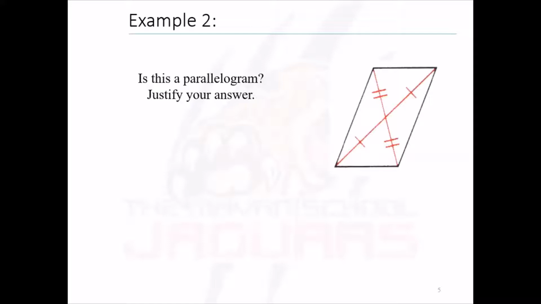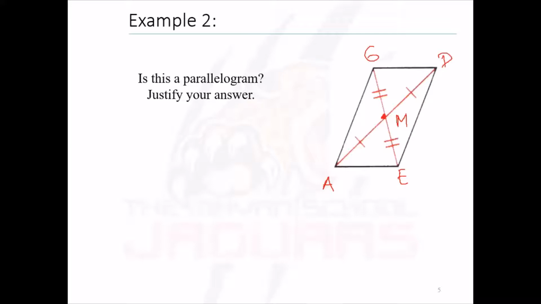Let me say that this is A, E, G, and D. And I notice that the segments in red are diagonals. I see that the diagonals intersect and they meet at this point that I can call M.